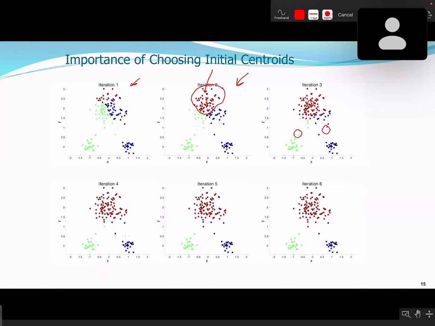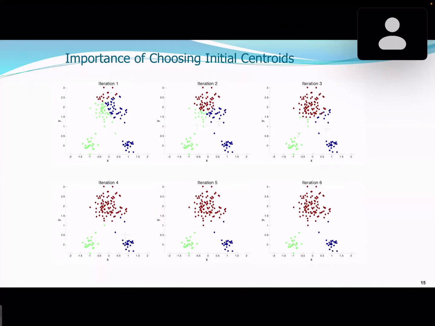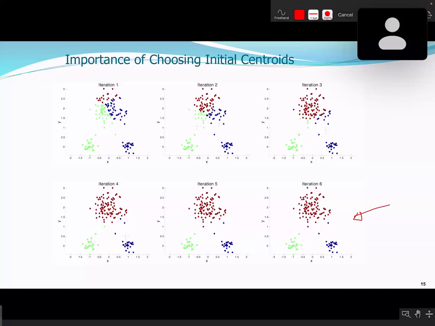So if you consider these steps across all the 6 iterations, and eventually, after about 6 iterations for this particular example, we have this result. And in another round of object assignment, we find that there are no changes to the cluster.